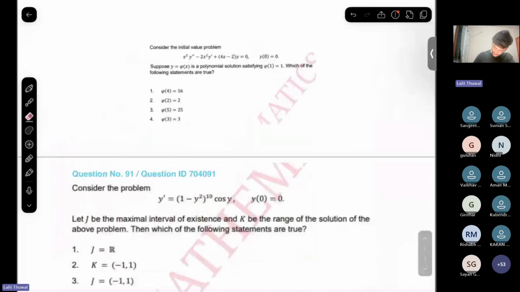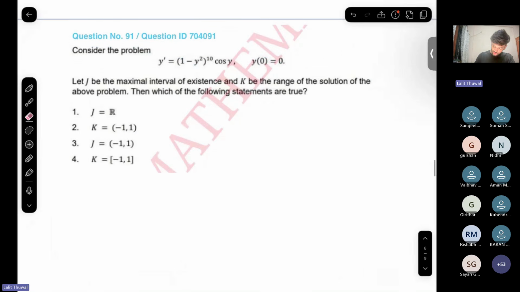This one. How many of you know the answer of this one? Raise your hand and let me know, and the way to solve it. You should know these kinds of questions are asked every year in the CSIR NET.